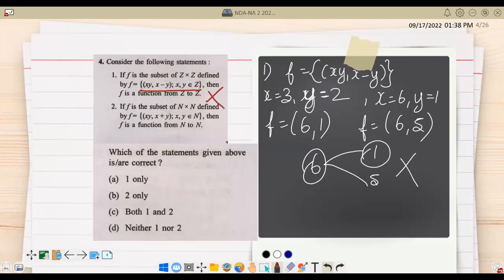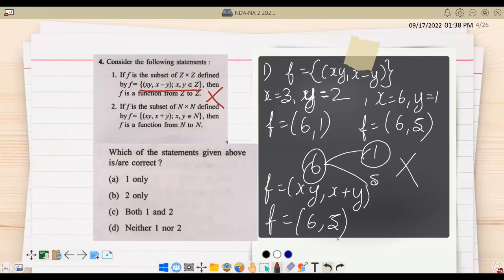Then we'll check the second statement. If f is a subset of N cross N, where N is natural numbers, and they have given f as x y comma x plus y. Here also it will give the same set of values. Here f will be 6 comma 3 plus 2, 5.